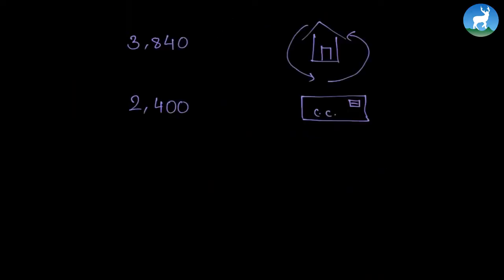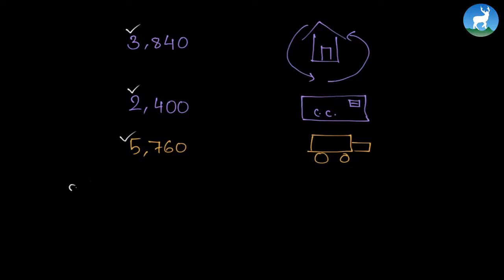Afterwards, we calculated the amount that was gone in transportation and the amount that is gone to your credit card. Wait, one more thing. Let me add something related to your car. 5,760 rupees is gone to your vehicle maintenance. So this is your vehicle. And 5,760 rupees is gone straight to maintaining and operating your vehicle.